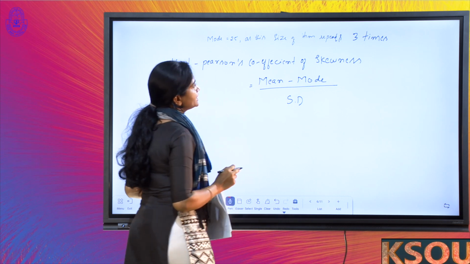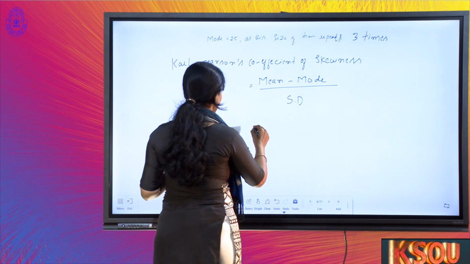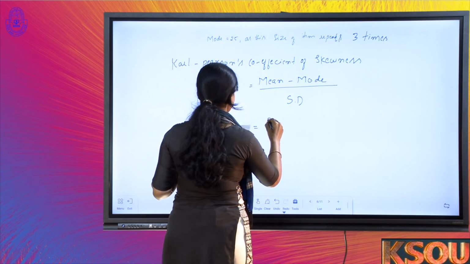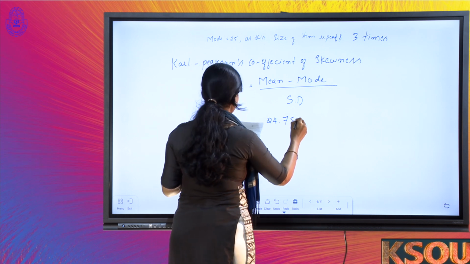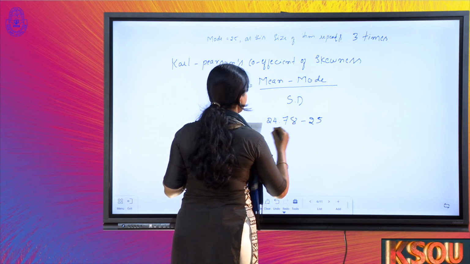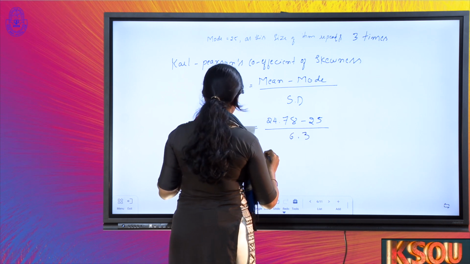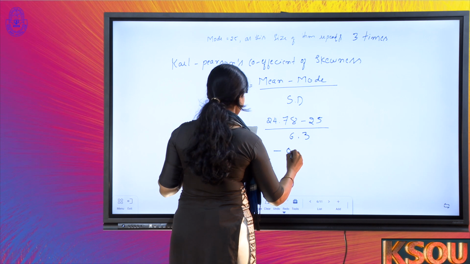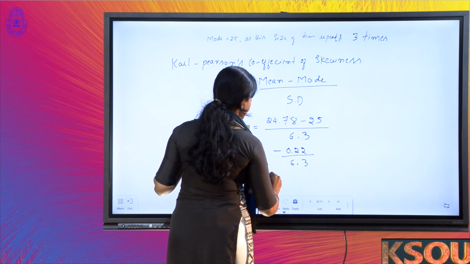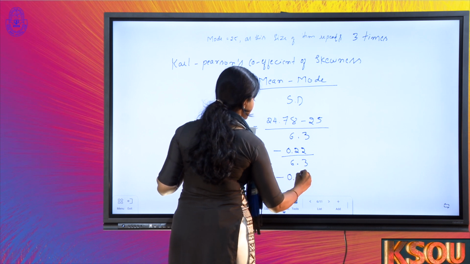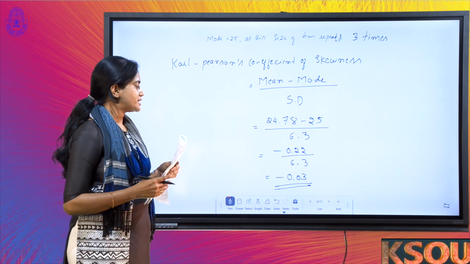As the size of the item repeats 3 times in the size, then you can take the obtained mean value, that is 24.78 minus 25 by 6.3. So you will have to get minus 0.22 by 6.3. So finally you will get minus 0.03. So this is the Karl Pearson coefficient of skewness.